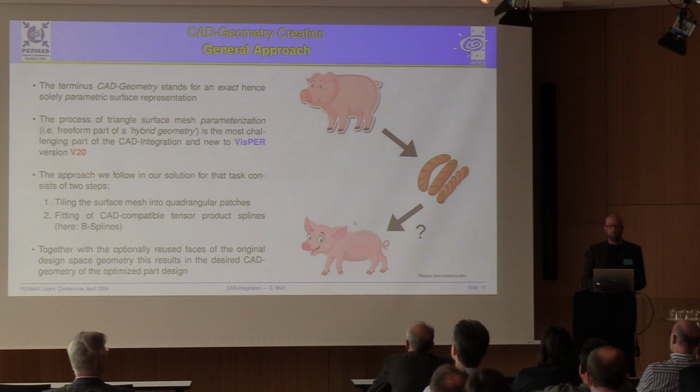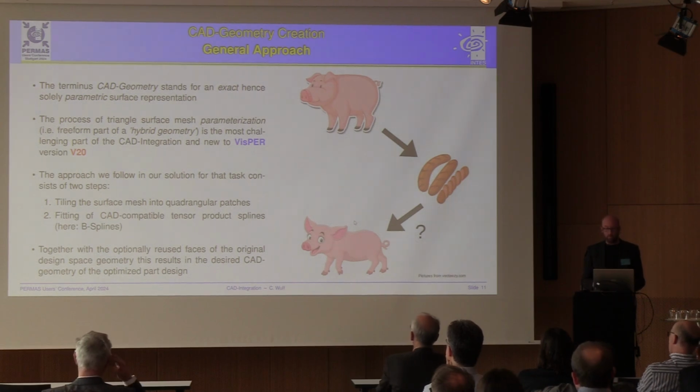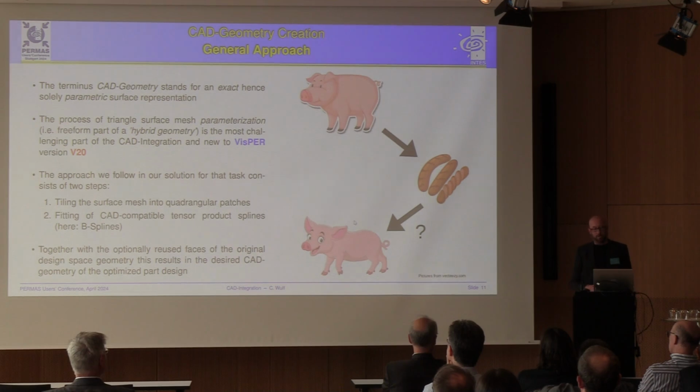And this process of parametrization, of course, is the most challenging part of the CAD integration. This is a new feature in the new version, VisPER version 20. This process may also be seen as a reverse process of meshing. During meshing, you convert a parametric surface into a surface mesh, so you cut it into small triangles, and now we do the opposite.